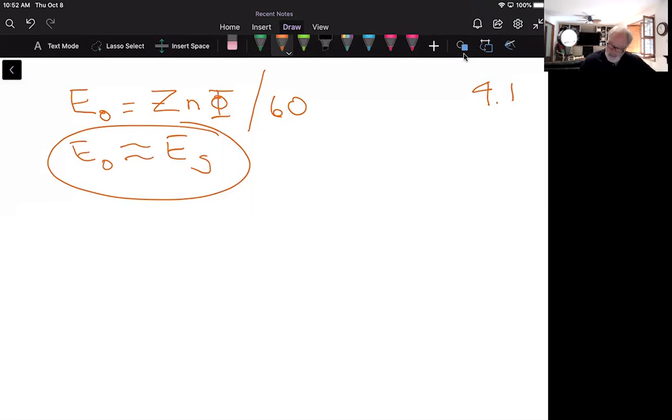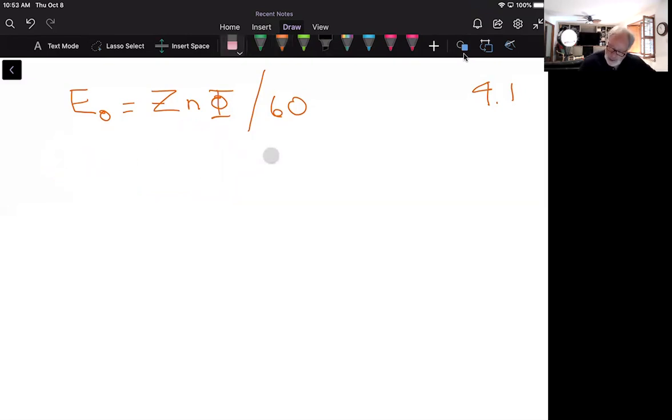What he says, and this is on page 100, is if E sub O is almost equal to E sub S, and we have this equation very often utilized, what if we replaced E sub O with E sub S?